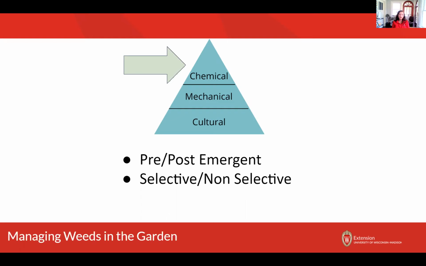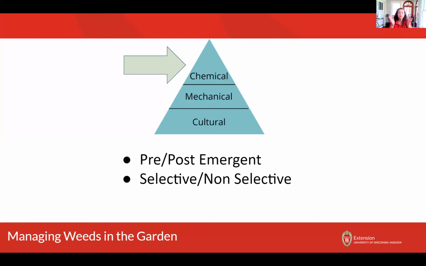So these are categories, much like I talked about before with the categories of plants in terms of perennial and annual, and monocots and dicots, especially the monocots and dicots. This is where that information is going to come into play. Okay. So pre and post emergent, these are just categories of chemicals, selective and non-selective, another way that we can categorize different types of chemicals.